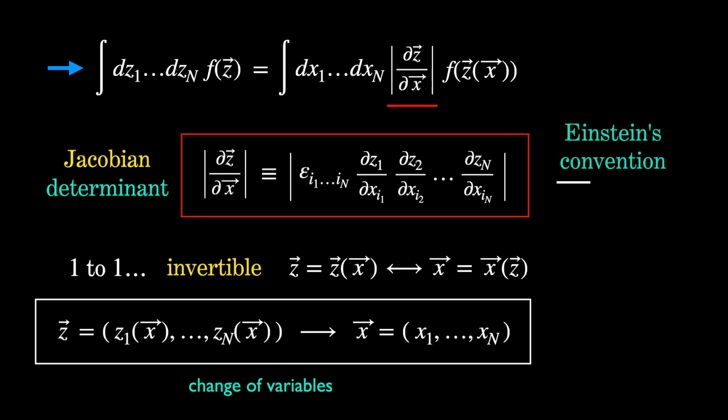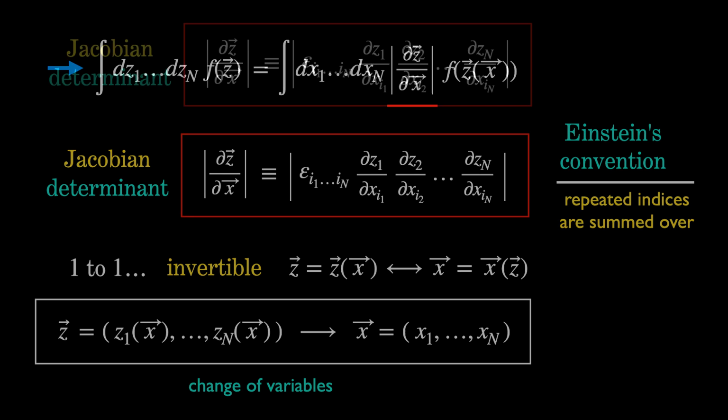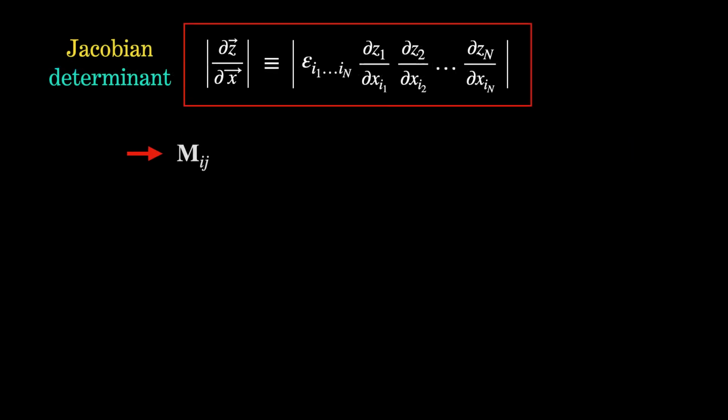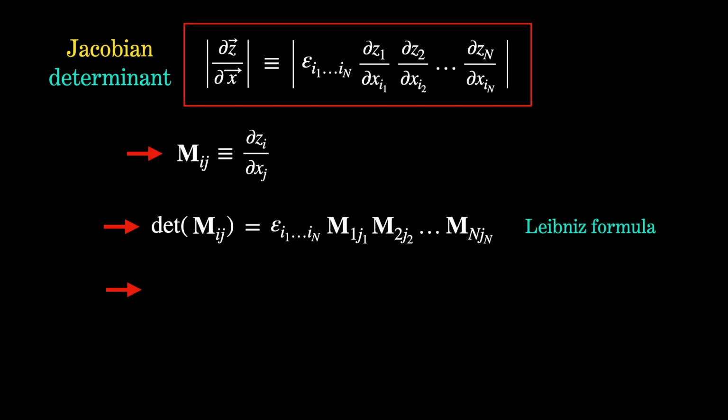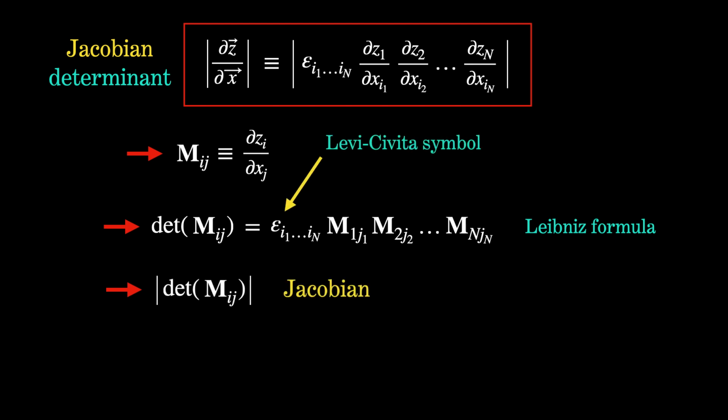Here we are using the Einstein's convention, where repeated indices are summed over. You can see this for the indices i's. And we are using the Leibniz formula for determinant. The epsilon symbol is the Levi-Civita symbol, which is totally anti-symmetric in its indices, with a value of 1 when the indices are in running order from 1 to n.